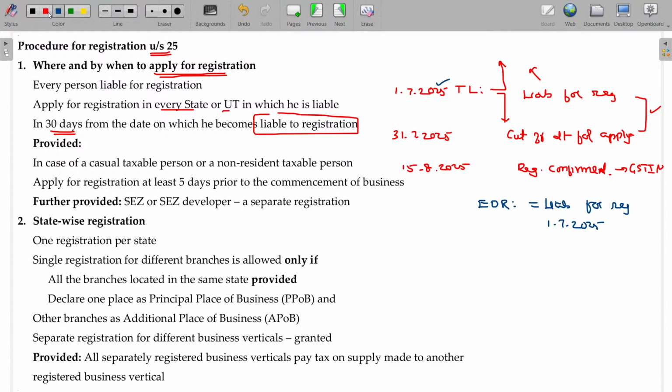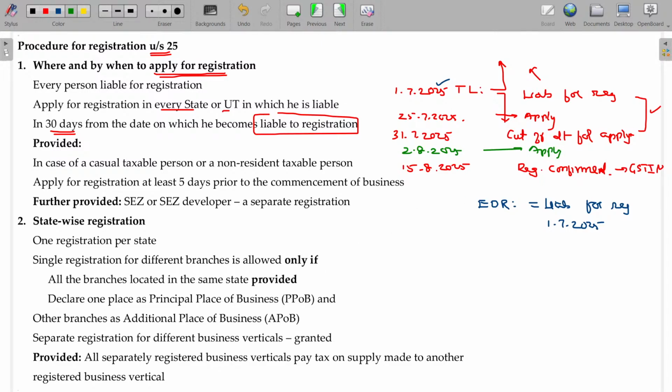You applied exactly on 25th July 2025. You are safe. This is the date you applied. Clear? Suppose if you apply on 2nd August 2025, this is the date applied for.